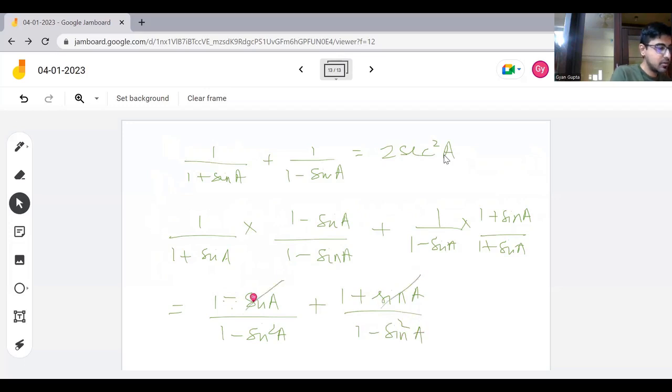This and this cancel, and therefore 2 by (1 minus sine square A). 1 minus sine square A is nothing but cos square A, and 1 by cos square A is nothing but secant square A. This is equal to 2 secant square A. Perfect.